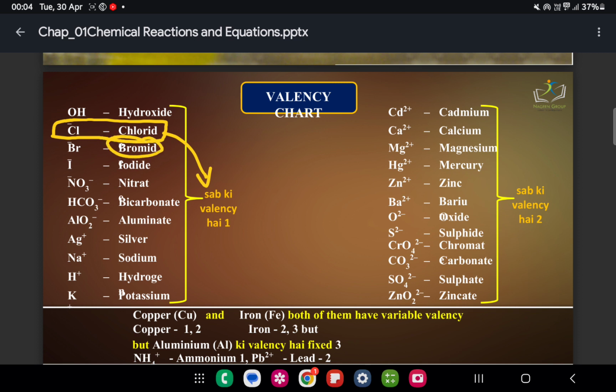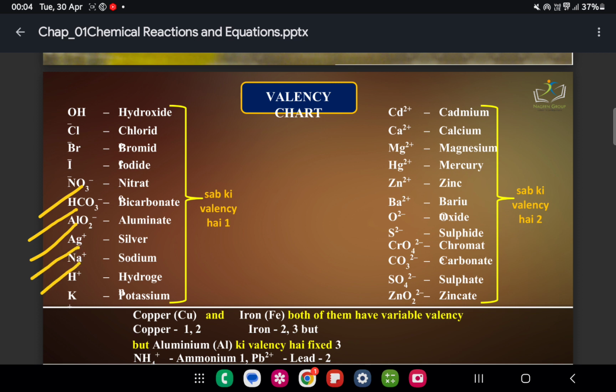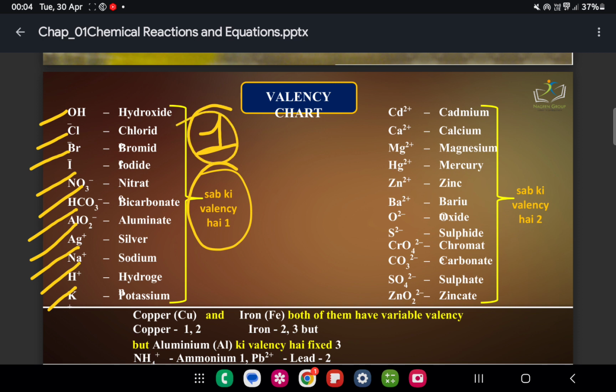Bromide, valency 1. Iodide, nitrite, bicarbonate, aluminate, silver, sodium, hydrogen and potassium, all of these have valency 1. Valency 1 means the outermost shell has 1 gap.